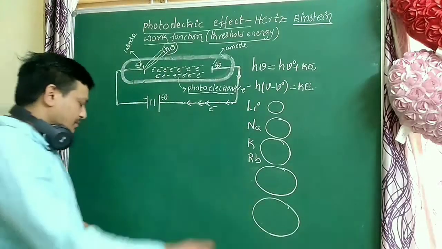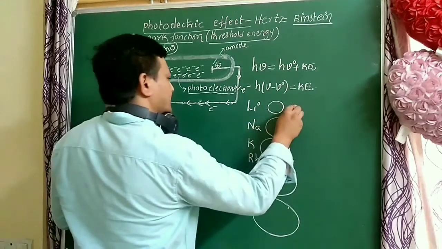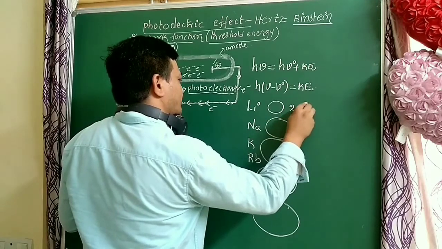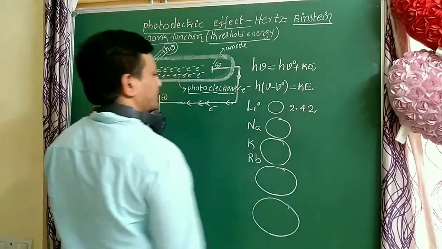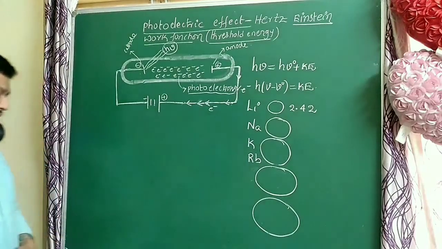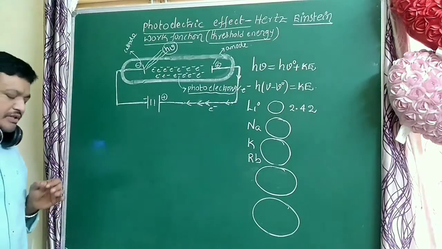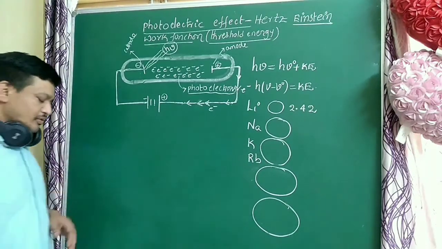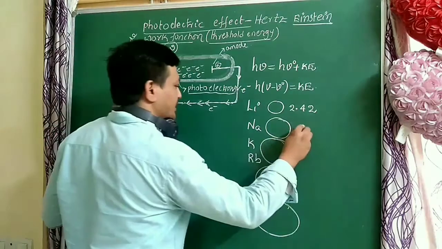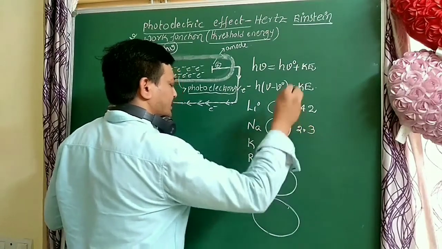For example, lithium threshold energy is 2.42. Sodium 2.3, so threshold energy decreases.